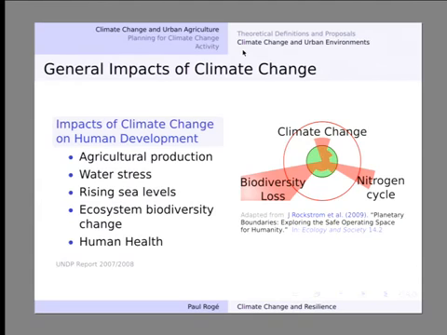And then the biodiversity in our environment is also going to be affected. So species are going to either move or perish.